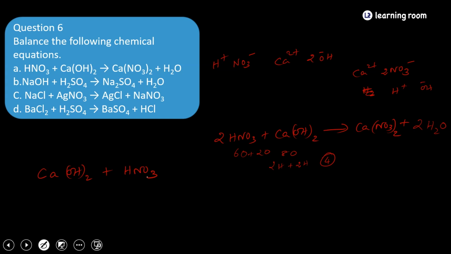So one H and one OH combine and become water. Correct? How many do we have there? 2. So we need how many hydrogen? 2 hydrogen we need. Correct? Then 2H. It gives Ca(NO3)2 plus 2OH plus 2H.